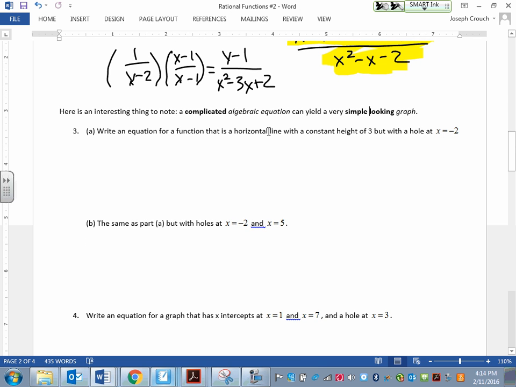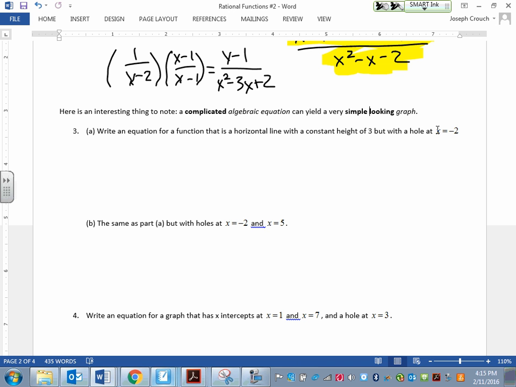Write an equation for a function that is a horizontal line with a constant height of 3, but a hole at x equals negative 2. Now, we've done a lot of examples of lines with holes at x equals negative 2. That shouldn't be hard. But now I want to do it with a line with a constant height of 3.